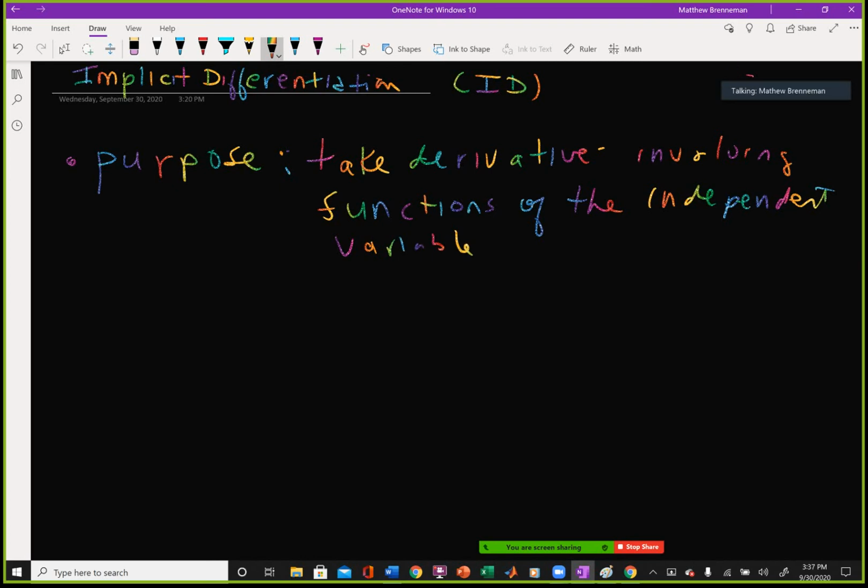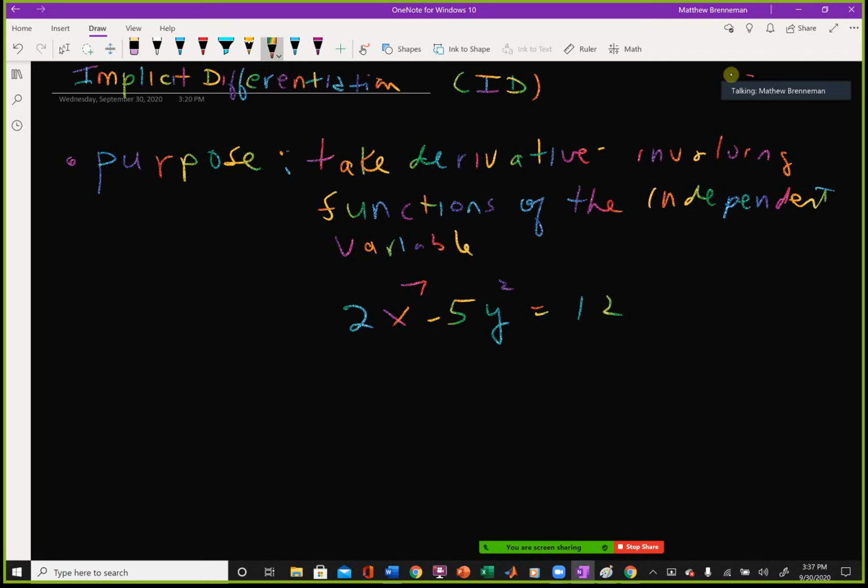To give you an example of what I'm talking about here, let's say we have some equation, maybe it looks like this: 2x to the 7th minus 5y squared is equal to 12. You notice you have two variables running around here, okay?